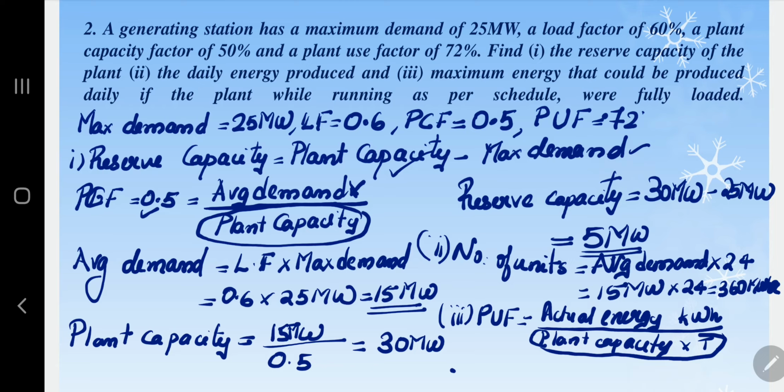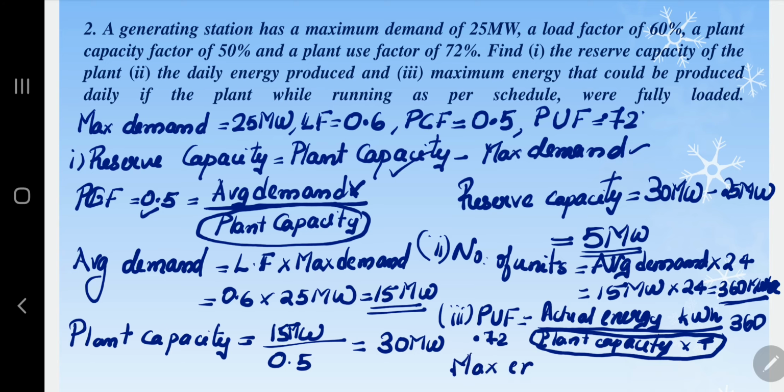They ask us to find the maximum energy the plant will produce if it is working as per the schedule. The PUF value is given in the question. It is 0.72, and the actual energy has already been found as 360 megawatt hour. Just substituting these two values, we can find the maximum energy.